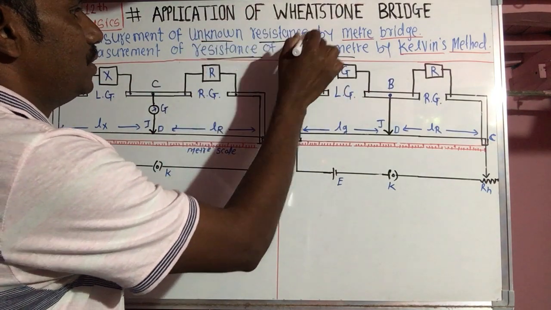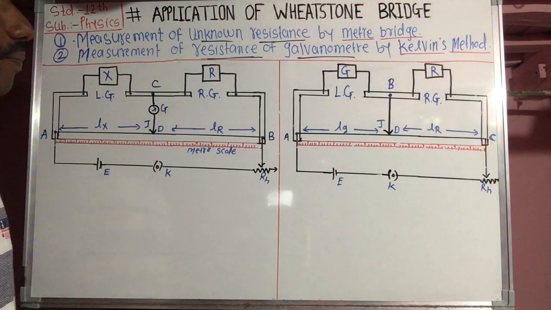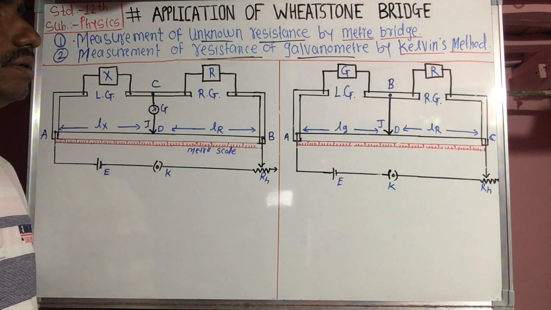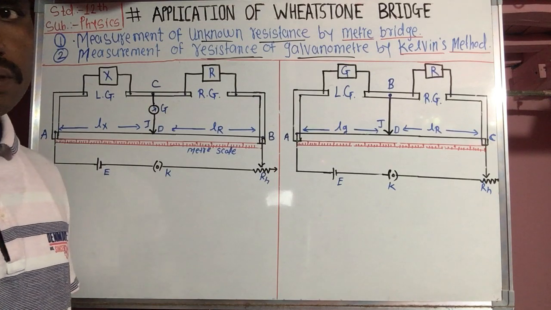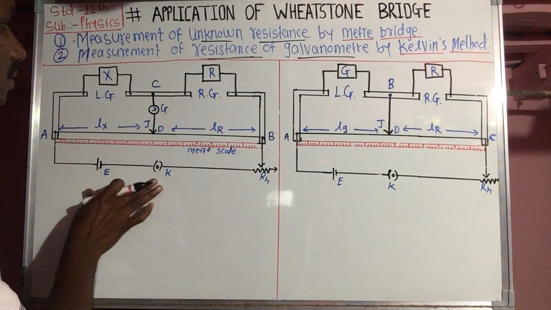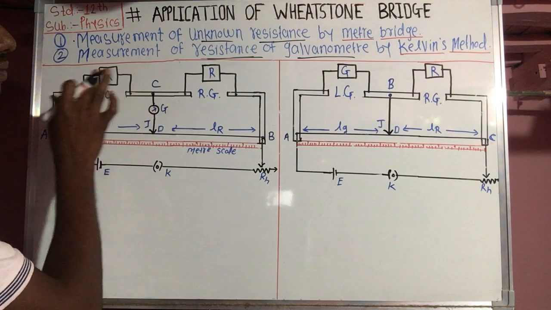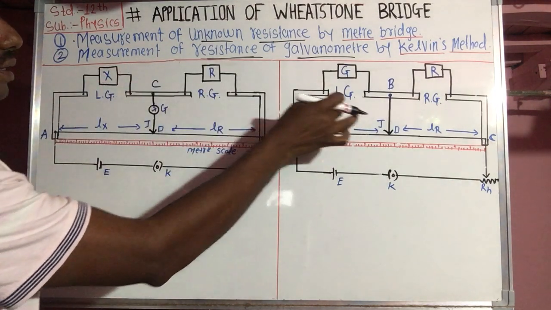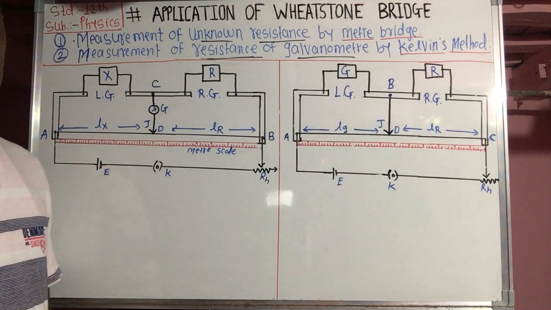First we discuss what a meter bridge is and what Kelvin's method is. For that I have already drawn two diagrams: this is for the meter bridge and this is for Kelvin's method.